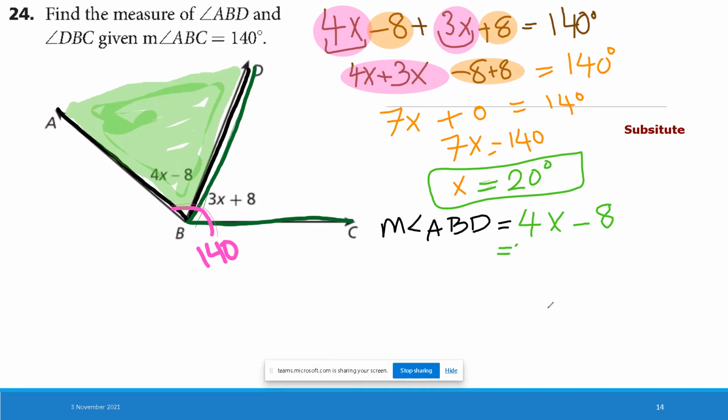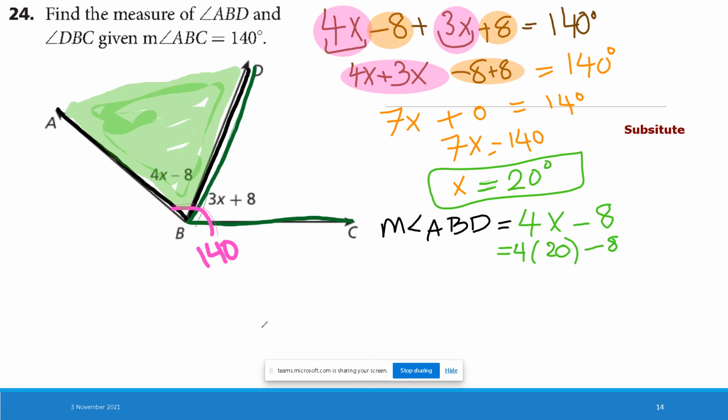So 4 times 20 minus 8. What do you have to do first? Do you have to multiply or subtract? Multiply first. Remember the order of operations. We taught it in grade 5, girls.